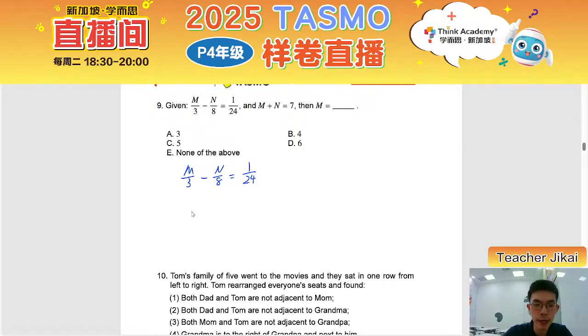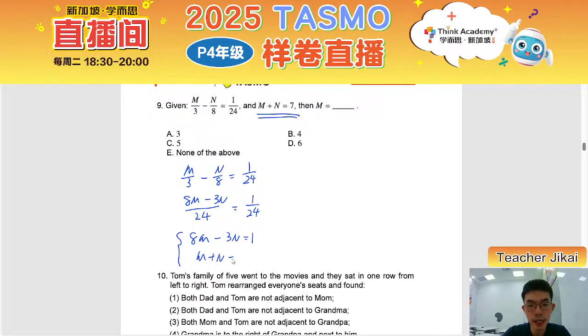So we make the denominator the same, 24, and this one is 8M, this one is 3N. So we know (8M minus 3N) over 24 is 1 over 24. So we know 8M minus 3N is 1, right? And then we know M plus N is 7. So it is easy, right? We just build an equation here.